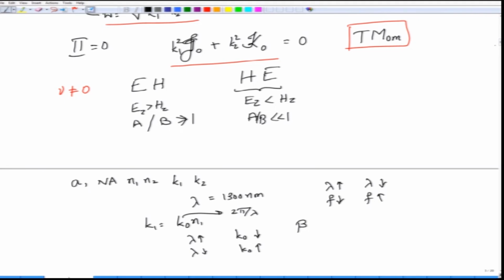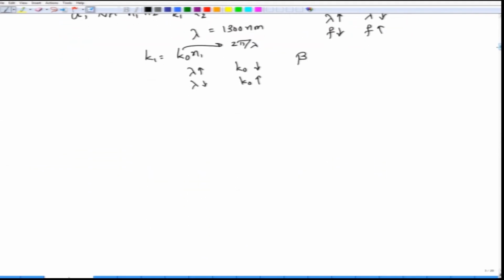So there exists actually a certain value which is required when you solve that equation. There exists a certain value of beta, which of course lies in between K0 N2 and K0 N1. It might happen in such a way that the product that you are looking at, J0 of UA, right, this product has to increase, because U is now changing. U is changing because K1 is changing, beta is changing.